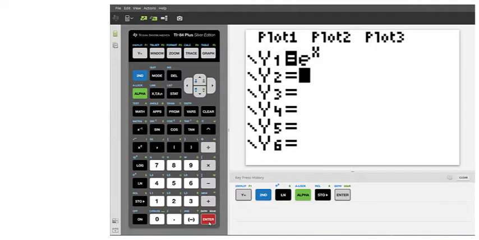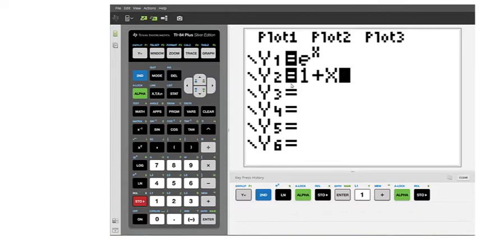And for my second function, the p of x, I'll put in 1 plus x.